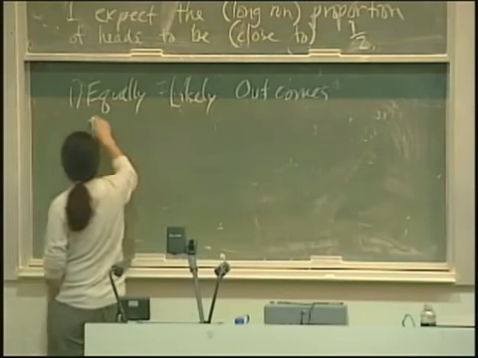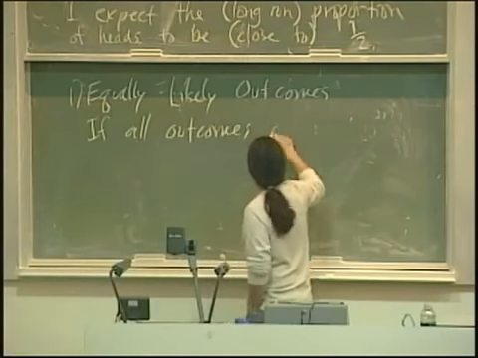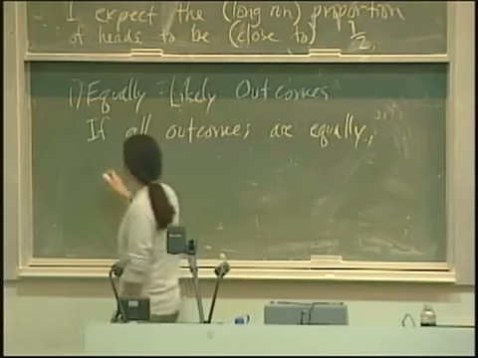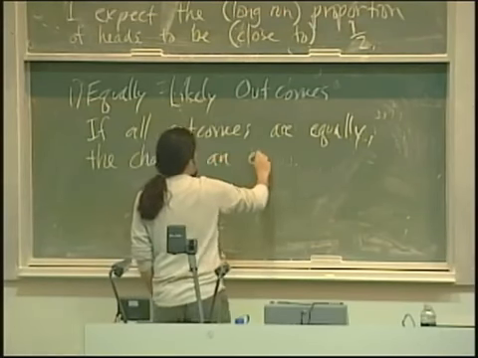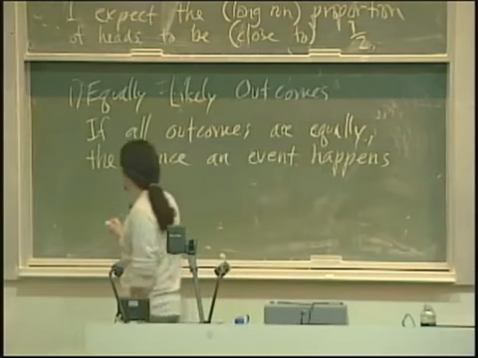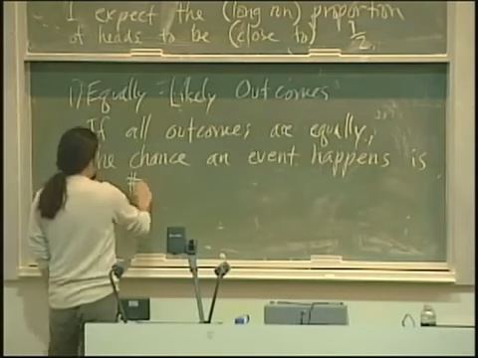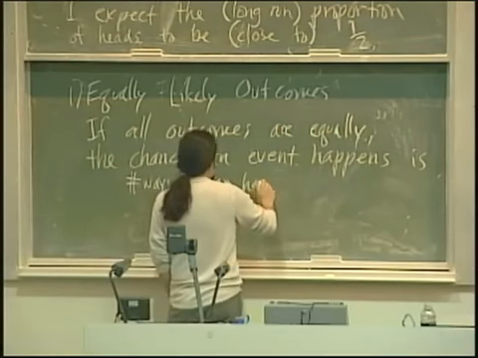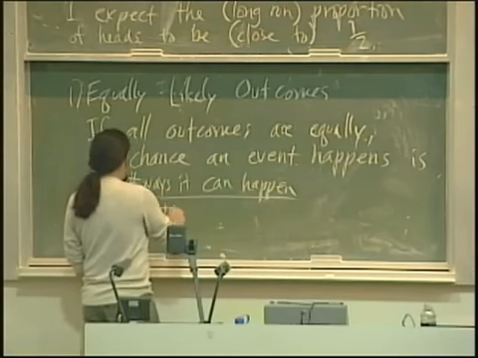So if all outcomes are equally likely, the chance an event happens is the number of ways it can happen divided by the total number of possible outcomes.